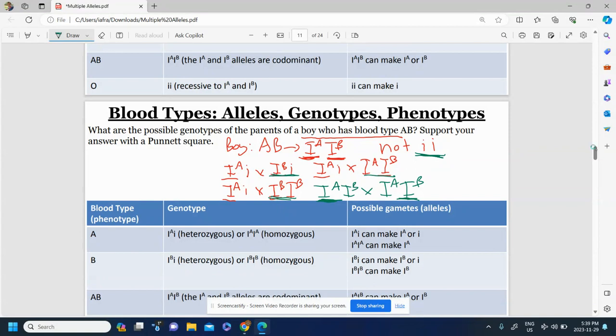So I'm not going to do all of these, but just to show you, if I had IA crossed with an AB typed parent, so let's do this: IA, IB, and now we have IAIA, IAIB, IAIB, IBIB. So you can see that we can produce a type AB child here. So you can support your answers using Punnett squares like that.